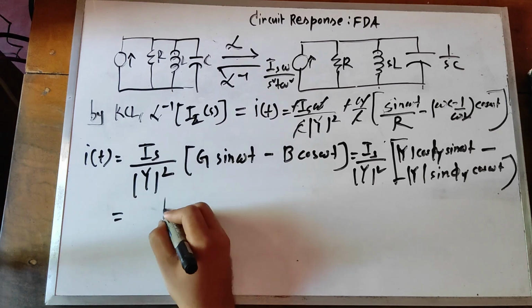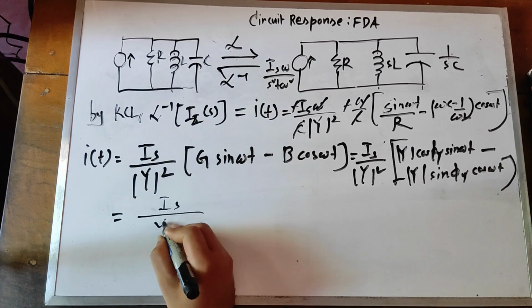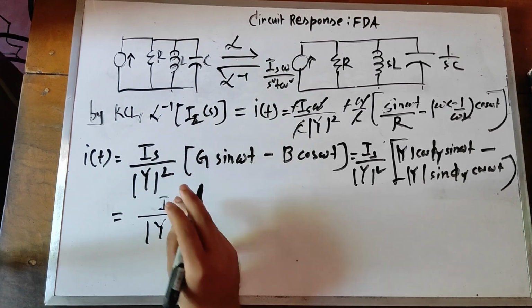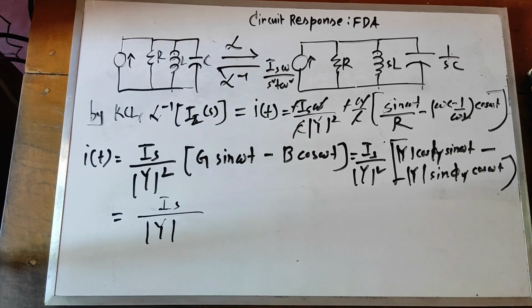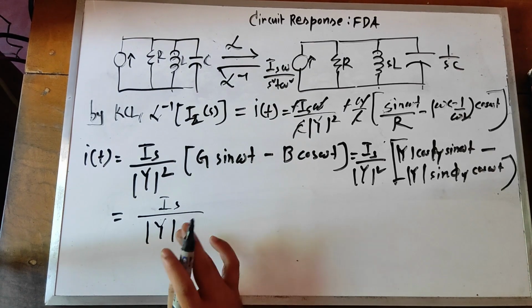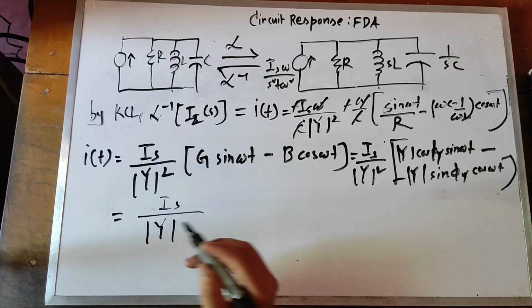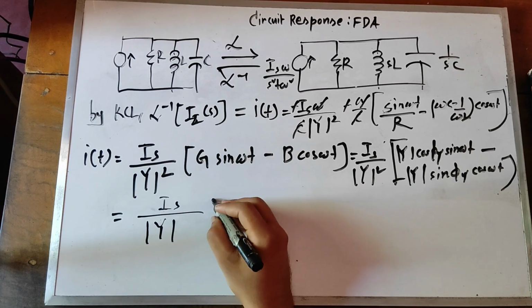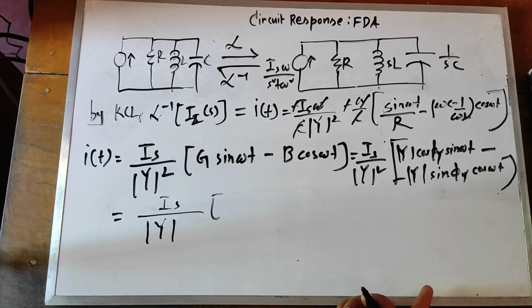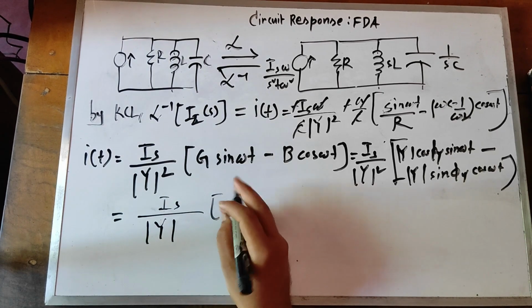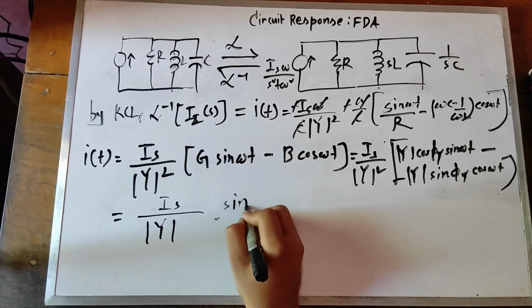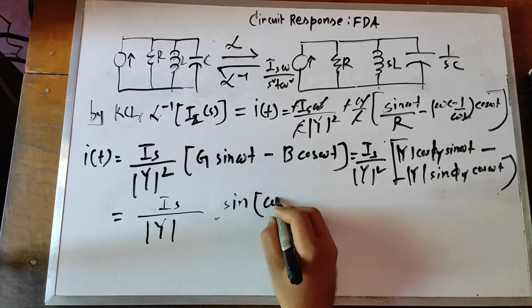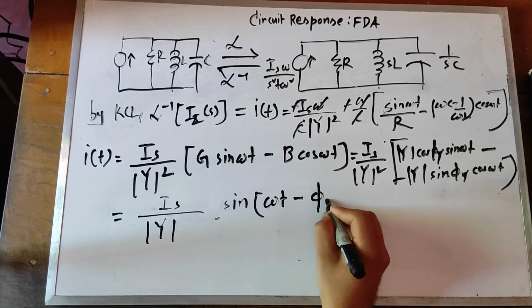So this will obviously give me the magnitude of the current, and y squared will be cut out, leaving y in the denominator, and by trigonometric identity I will get sine omega t minus phi y.